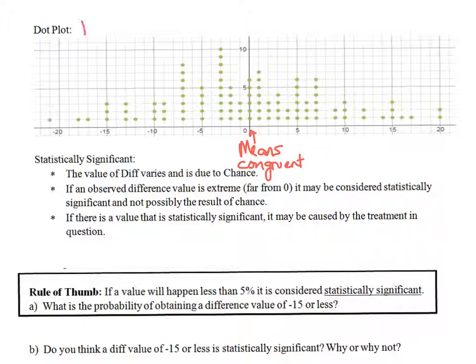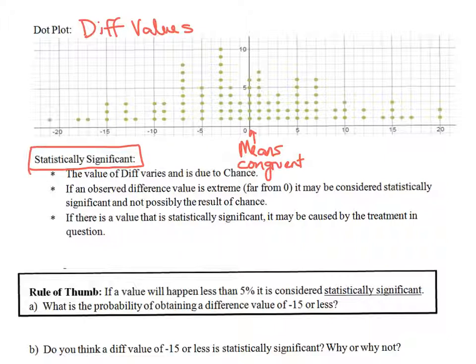So this dot plot is actually showing us our diff values, the difference between the means. When I look at this dot plot, I see that to the right I've got the positive diff values, showing that the students who took driver ed had a larger mean. And on the left side I've got the negative diff values, showing that the students who took driver ed had smaller means.